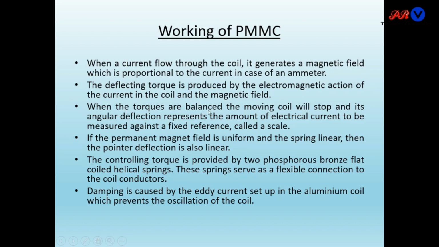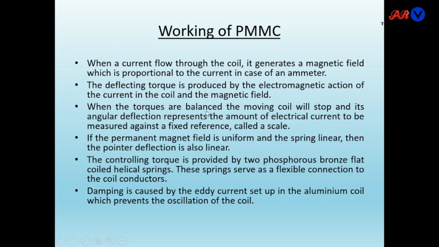When the torques are balanced, the moving coil will stop, and its angular deflection represents the amount of electrical current to be measured against a fixed reference, which is known as the scale.